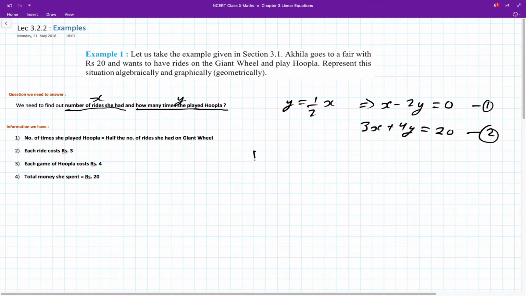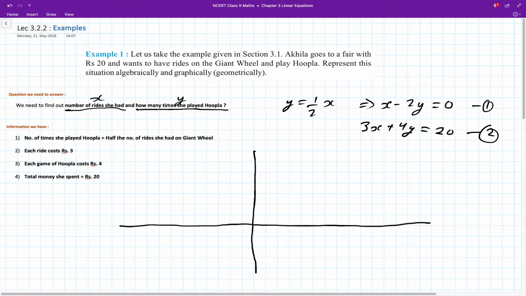Let us plot it. So let me make the number line. This is our y-axis. This is our x-axis. First let us plot the first line. For equation 1, let us quickly write a couple of points. So x is x, y is x by 2. If x is 0, y will be 0.